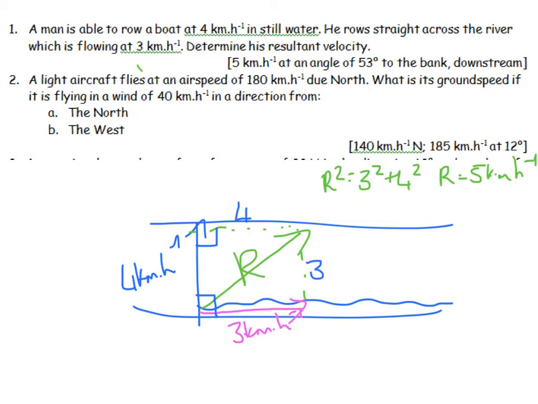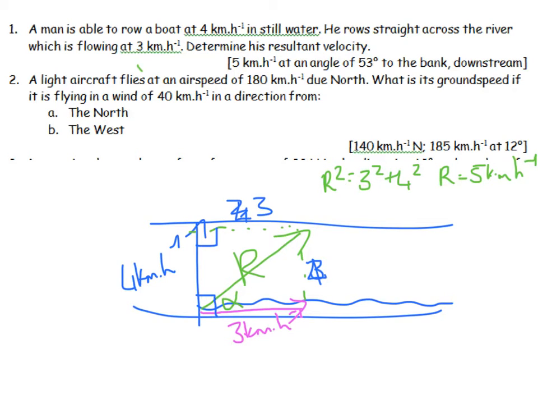And we now also need to work out an angle. They haven't told me about a bearing, they haven't told me north, they haven't told me south. So I'm going to use the river bank as a good reference point. So I put my little alpha in over there. This is 4, this is 3.